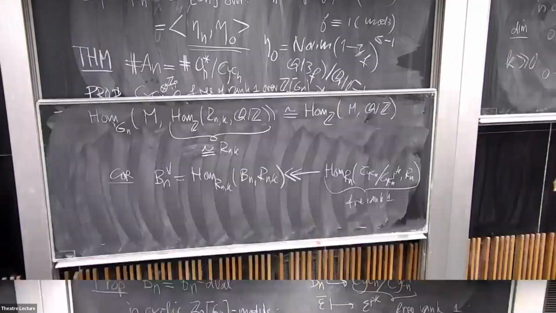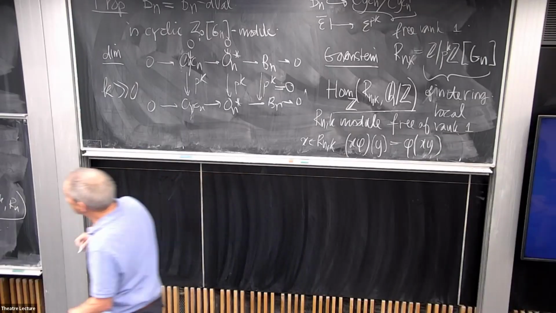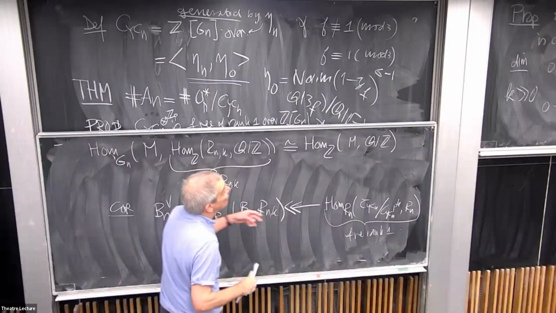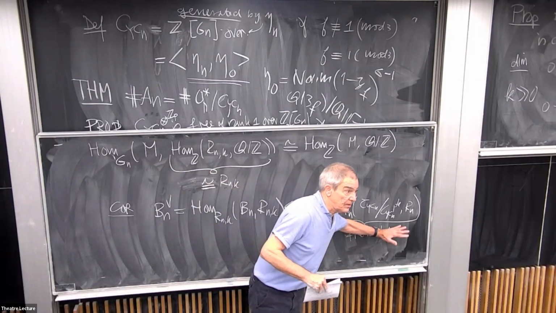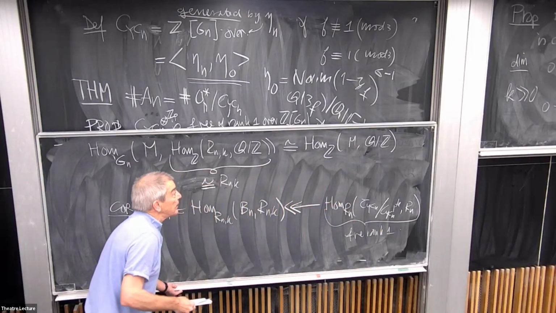So then we see that in fact Bn dual is a quotient of this. It's a cyclic module.